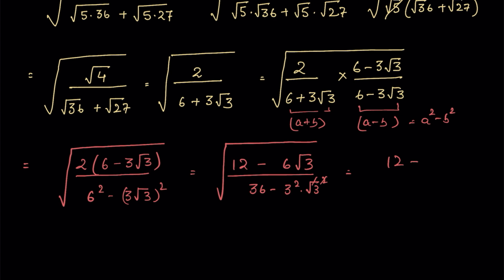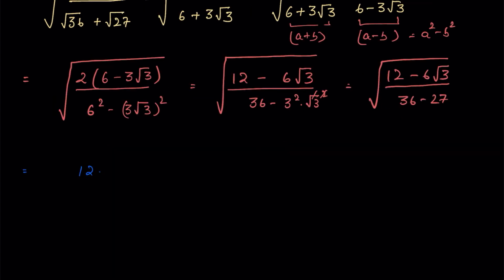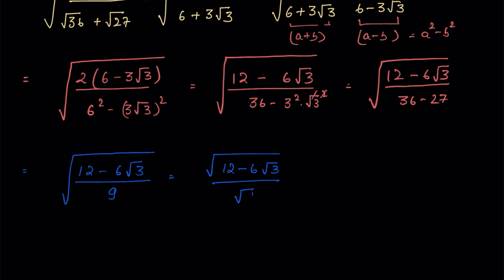12 minus 6 times square root of 3 upon 36 minus 3 square times 3 is 27, then all under square root. Now 12 minus 6 times square root of 3 upon 36 minus 27 is 9, all under square root, or we can also write it as 12 minus 6 times square root of 3 upon square root of 9.